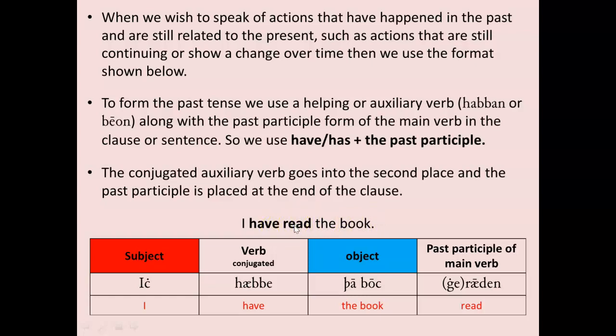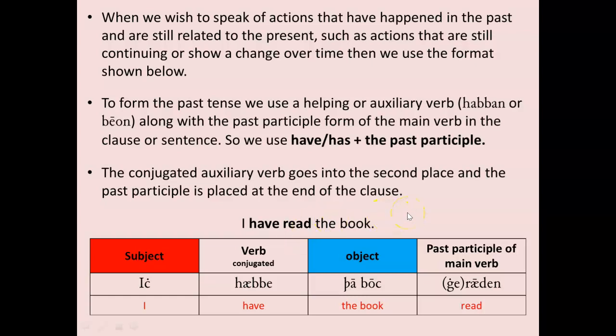We'd all know what you mean, but generally we say the past participle follows immediately after the second verb. Whereas in Old English, it went to the end. So we would have ich habe the book geraden, and the past participle form would go here. That's to show this is an action that's been completed in the past, and it still continues into the present, because it is a completed action I can refer to.